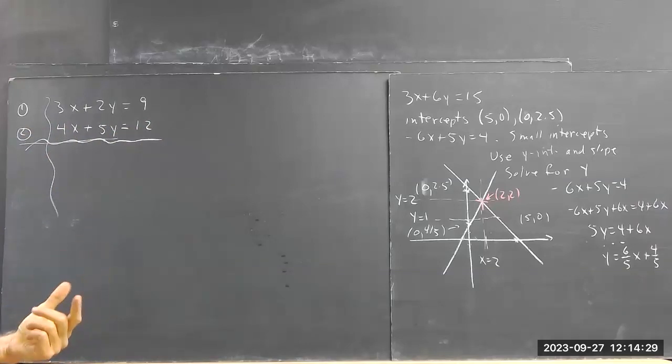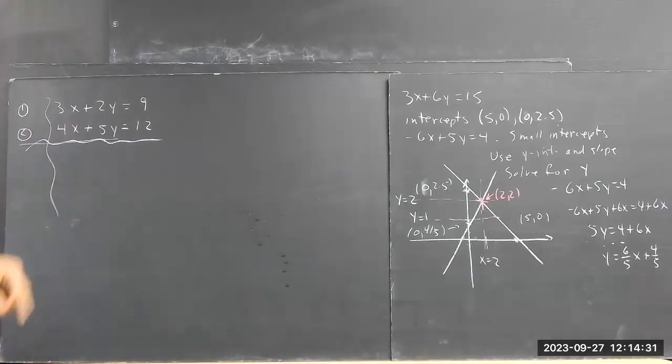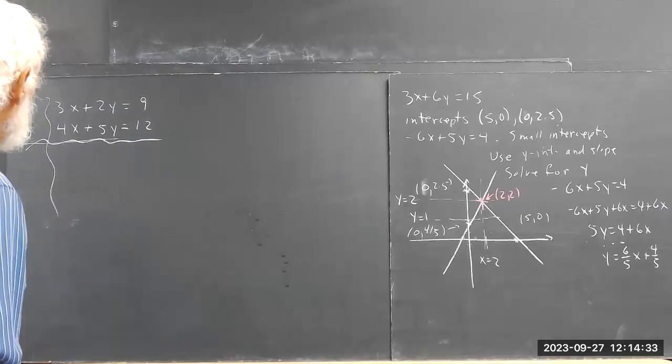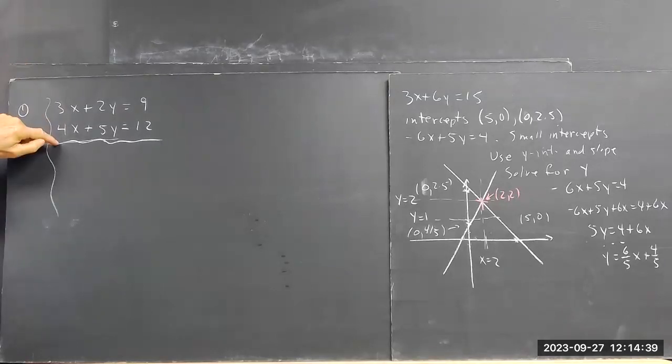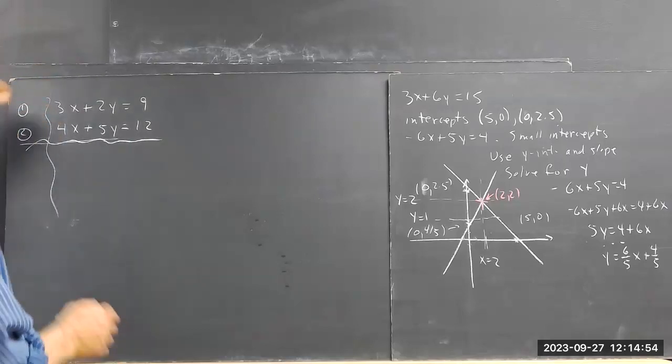Okay, so we're going to eliminate X. We're going to multiply this equation by 4, and this equation by 3. That'll match up the X coordinates. I just multiply this equation by this number, this equation by this number, except then I make one of them negative. You see how that works.